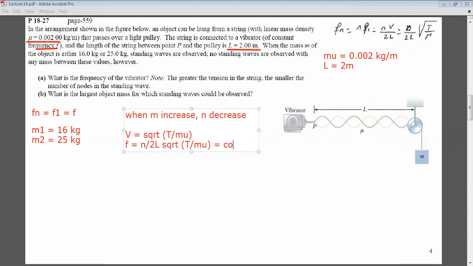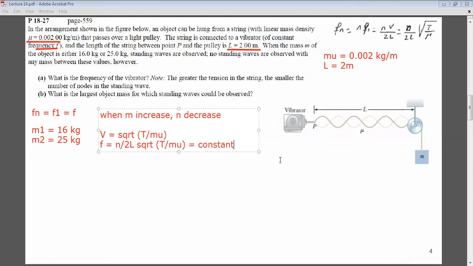But F is equal to constant. This implies that as T increases, n decreases. Okay, because here F is constant and 2L is constant and mu is constant.